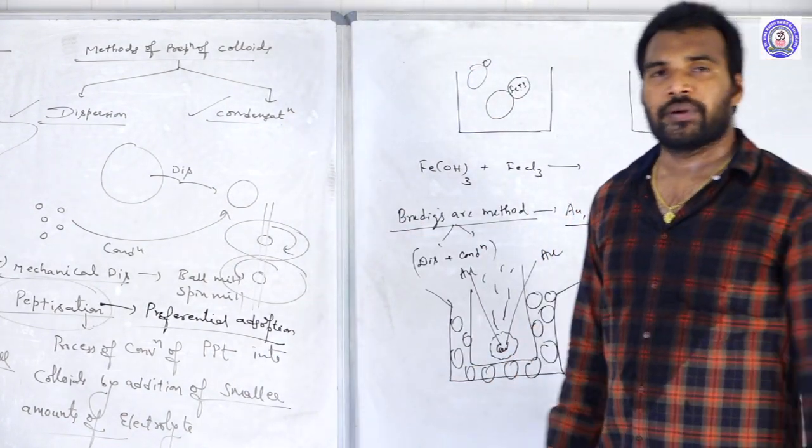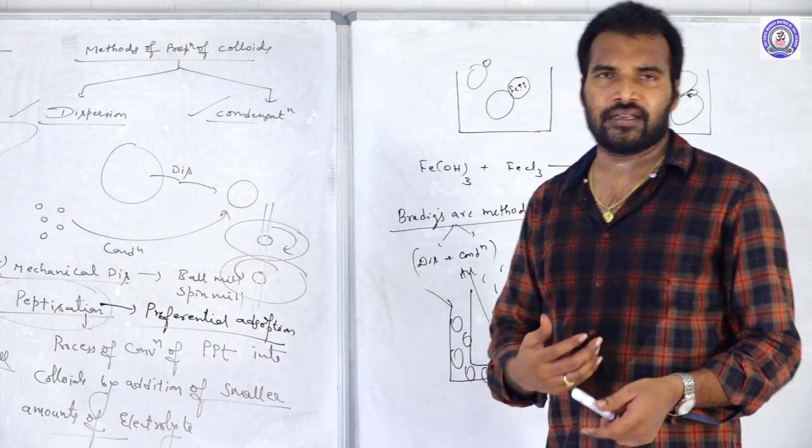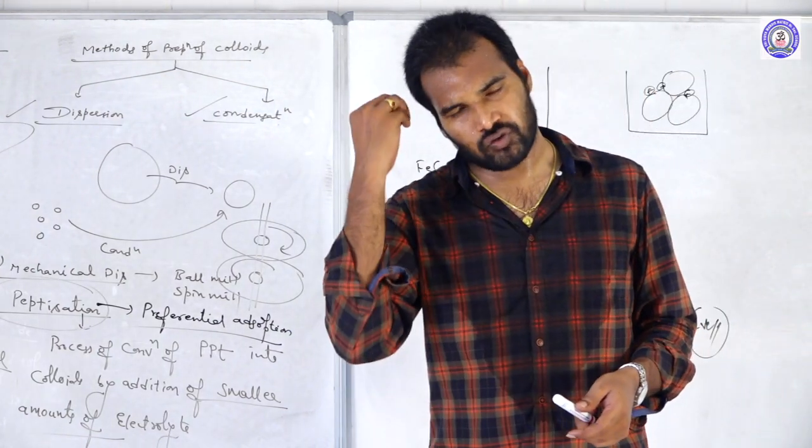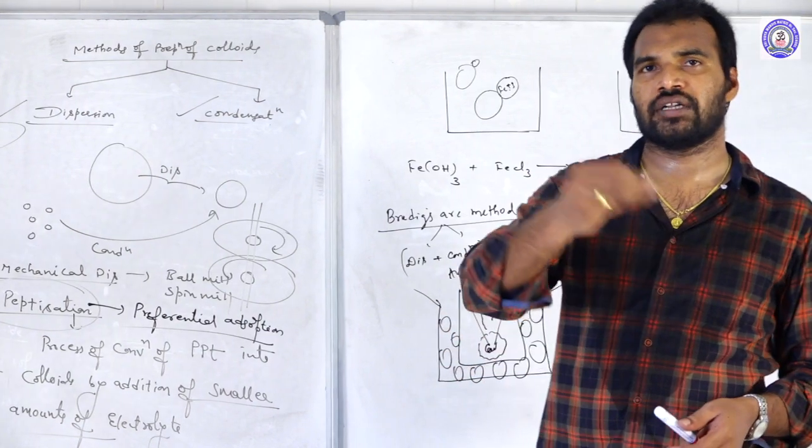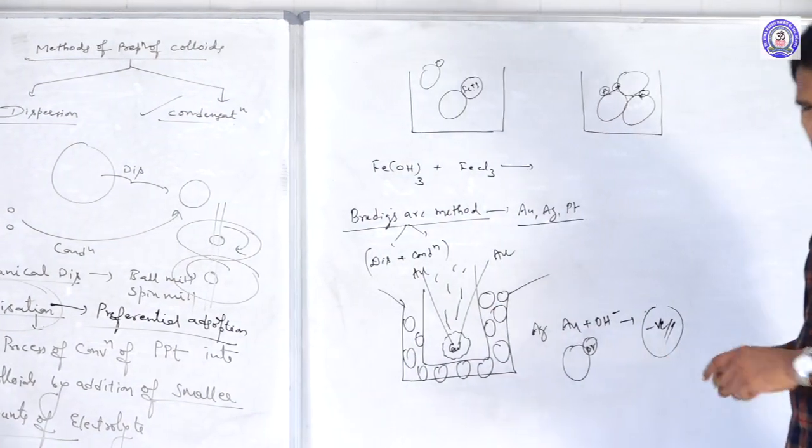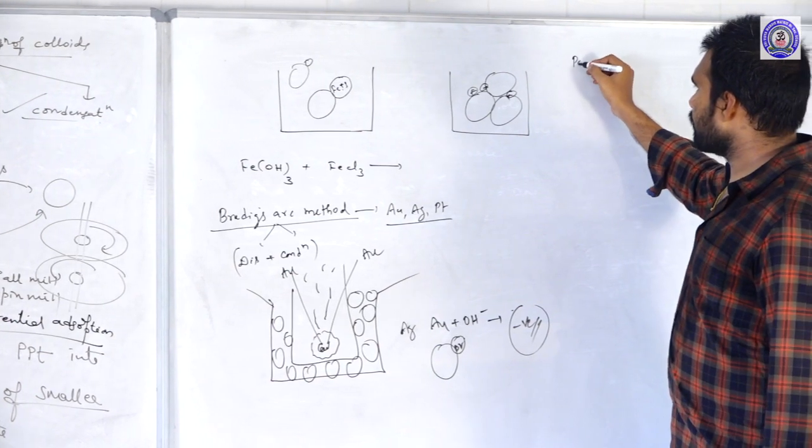After we prepare the colloidal solutions, we cannot get a 100% pure colloidal solution. It should be purified before we use it. That is what we call the methods of purification of colloids. What are the purification methods?